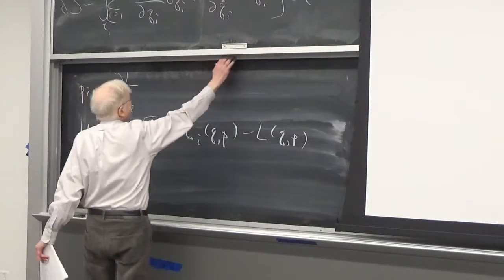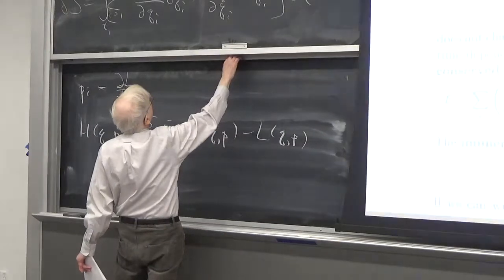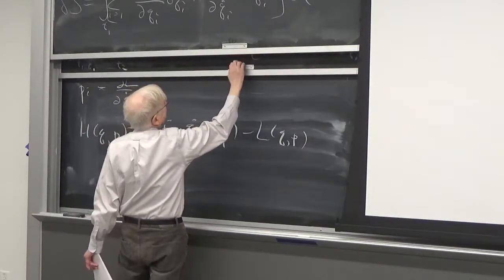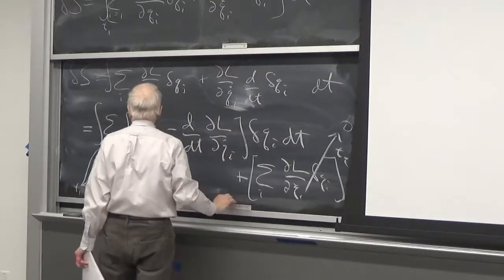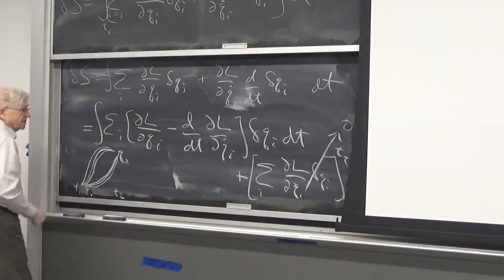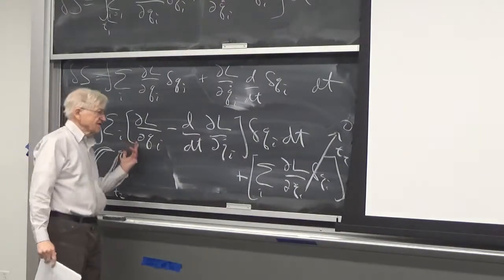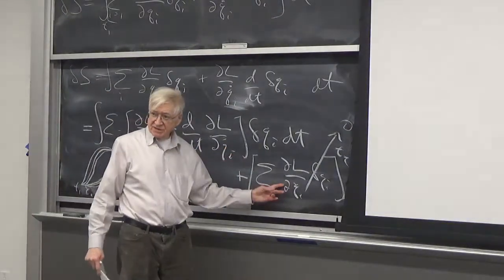The change in the action due to a tiny detour that changes only at the end point. So now let's go back to this equation. The change in the action in general is this plus these end terms.